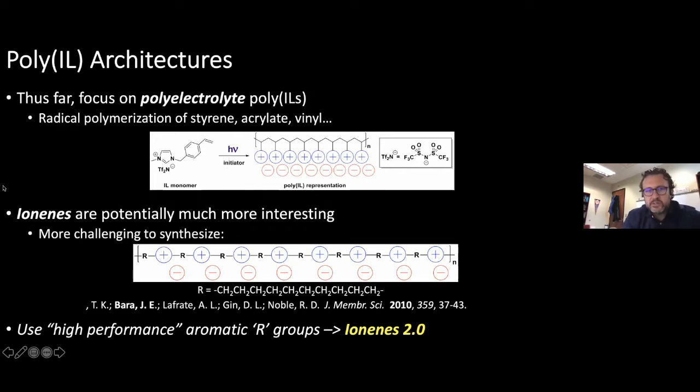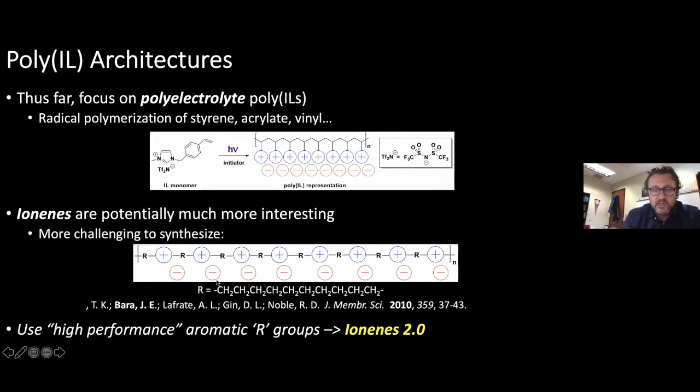There are a lot of interesting things we can do with ionenes, but they're a bit more challenging to synthesize. These are known in the literature, and this is one of the last papers that I published before I left the University of Colorado in 2010, where we made some ionenes with decyl groups. So we had these cations linked by decyl groups, and we made some nice membranes out of them.